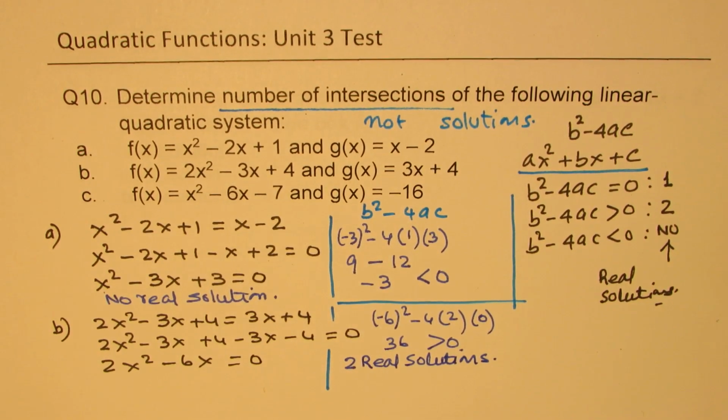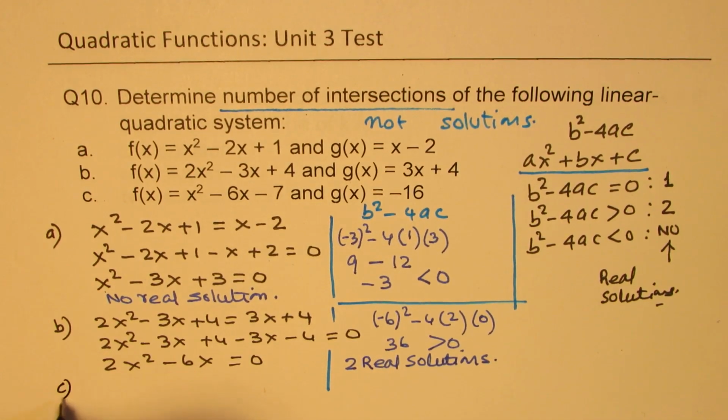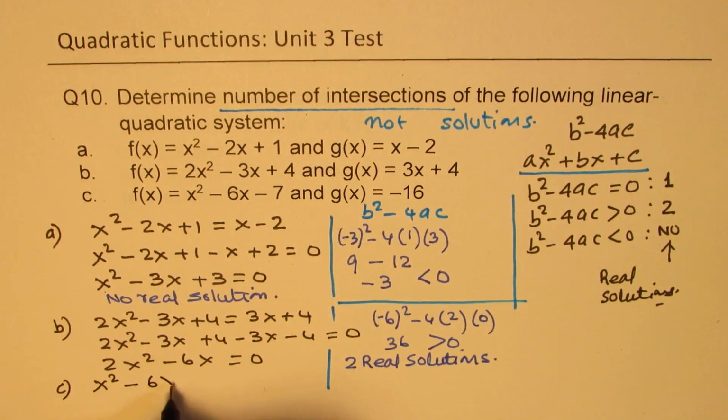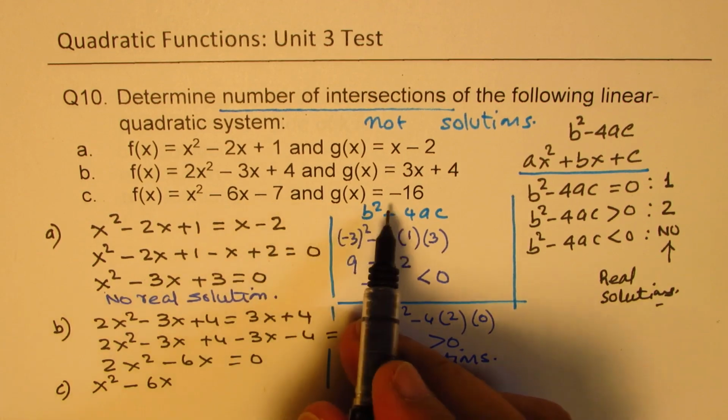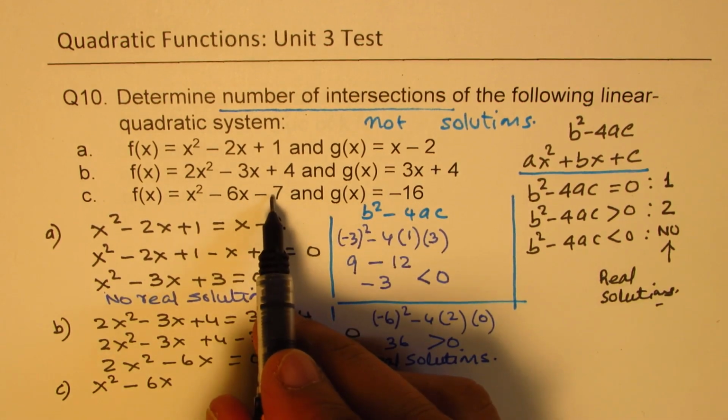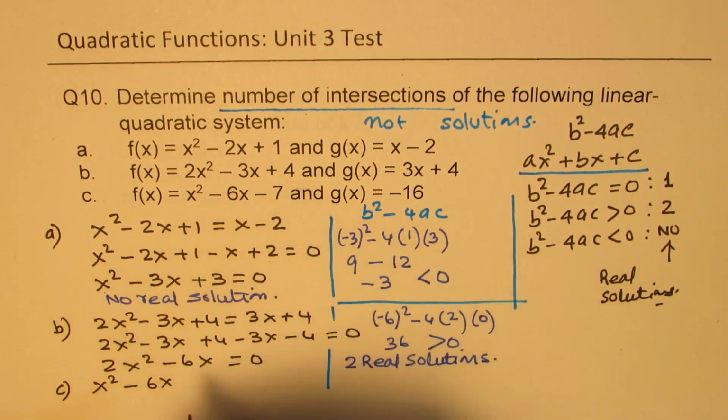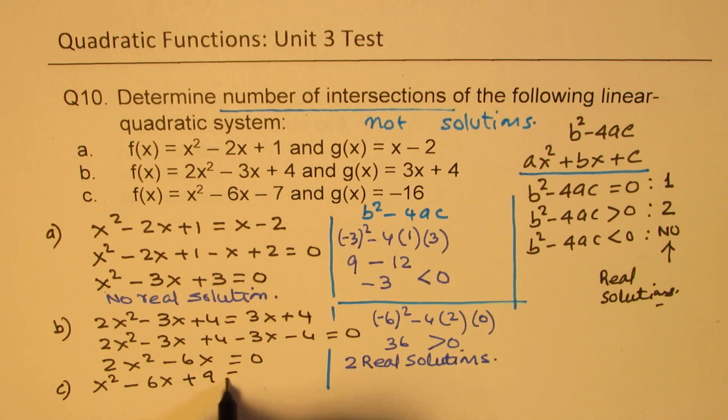Perfect. And now the last one is minus 16. So let's complete that. In the limited space, I bring it on the left side. So we get x squared minus 6x. So when you bring it here, it becomes plus 16, right? So when you add 16 to this and take away 7, you get plus 9 equals 0, right?